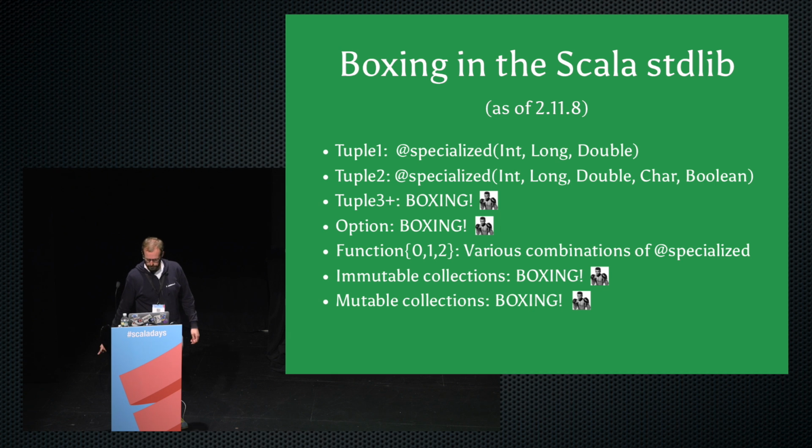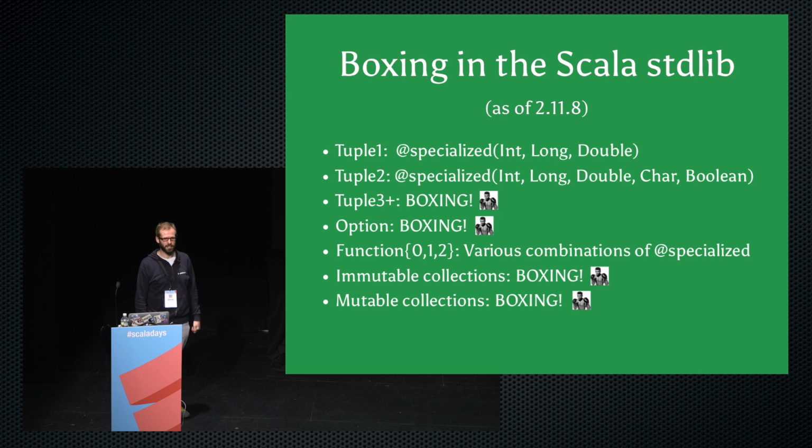And you can see this problem quite a lot in the Scala standard library. So it's a bit of a mess, to be honest. Tuple 1 is specialized in int, long, and double. Tuple 2 is specialized in both of its arguments in int, long, double, char, and boolean. Tuple 3 doesn't have specialization at all, so there's boxing there. If you're in the front row, you might be able to see a little tiny Muhammad Ali there.